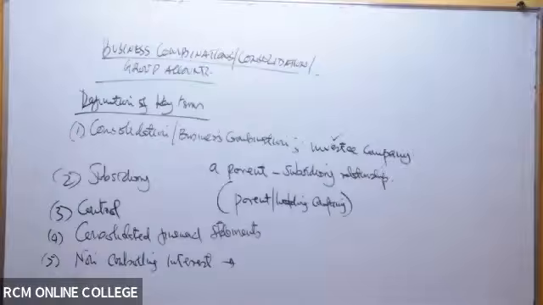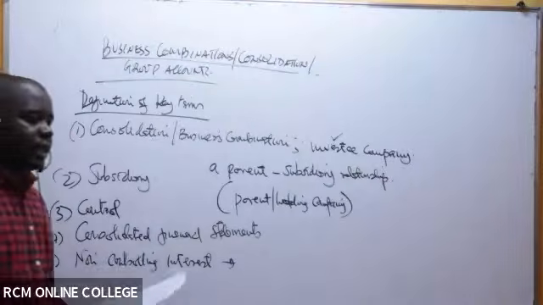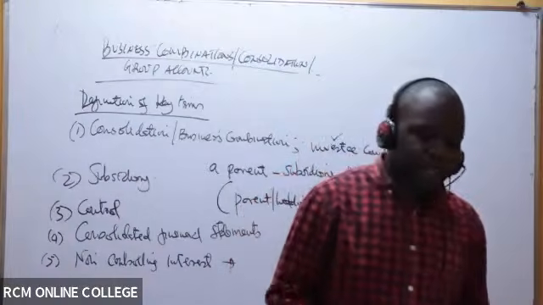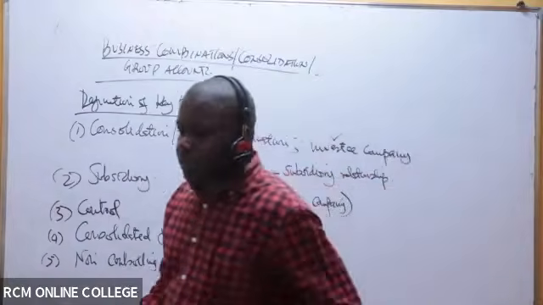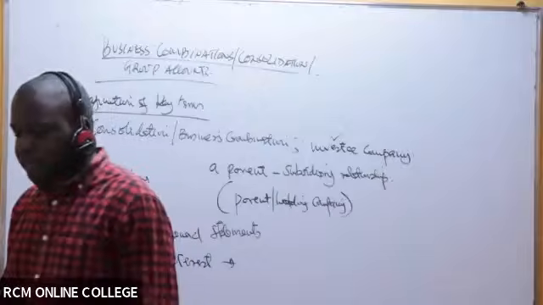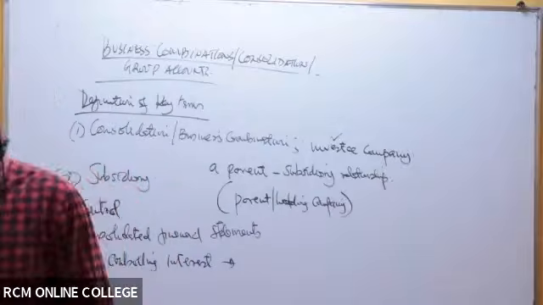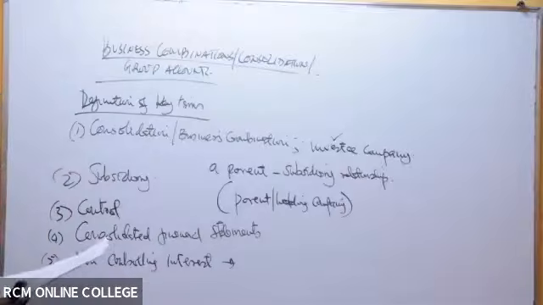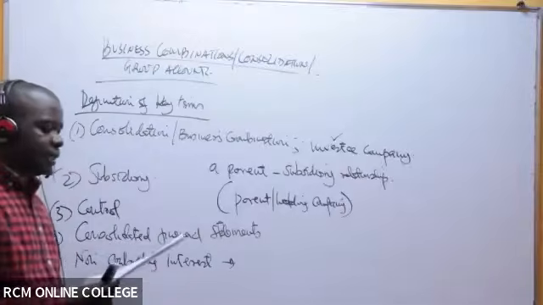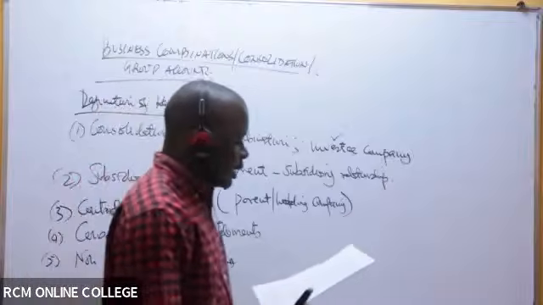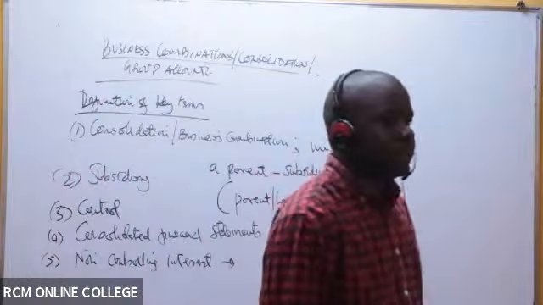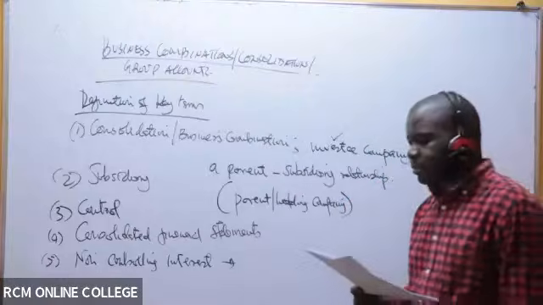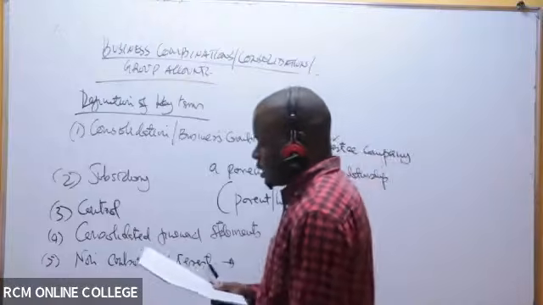Sometimes you predominantly hear them saying NCI. It is the proportion of the net assets in the subsidiary that is not owned by the parent company.